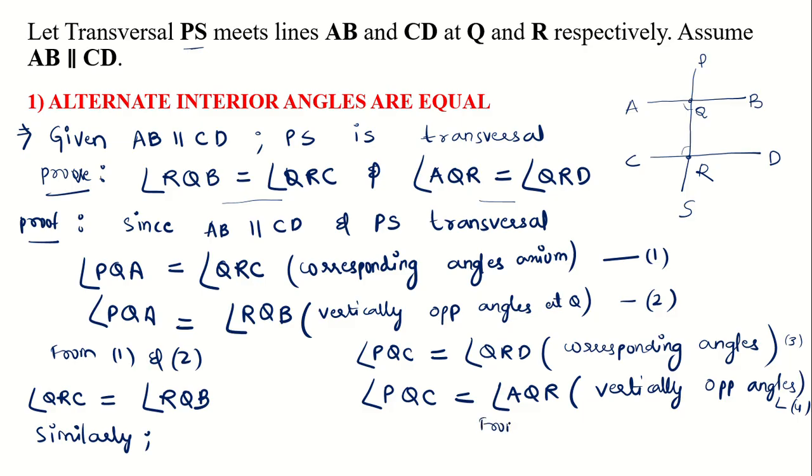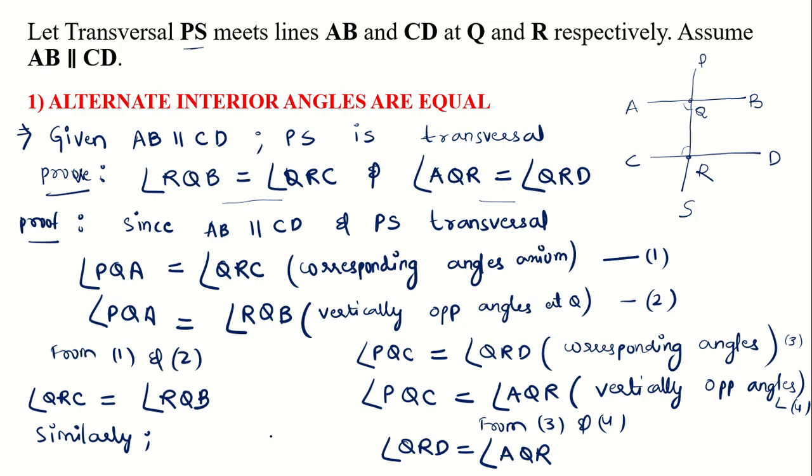Now from your equation 3 and your equation 4 you will get angle QRD is equal to angle AQR. Okay, here we proved the second pair, that is angle QRD is equal to angle AQR.